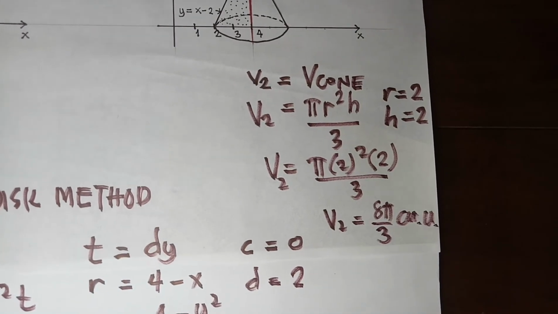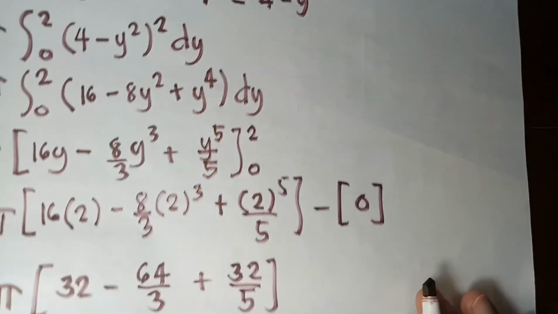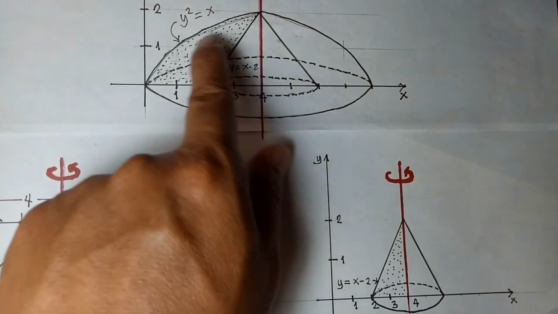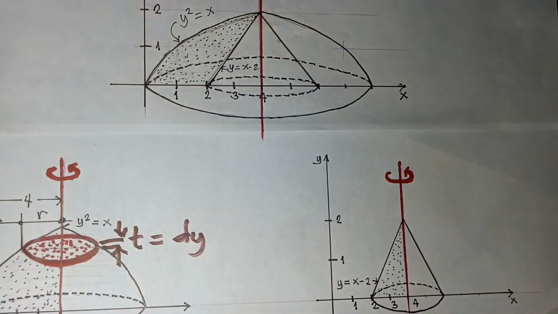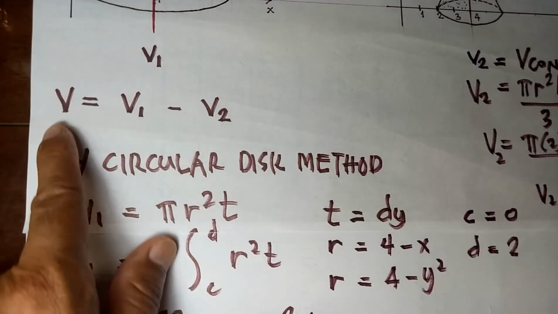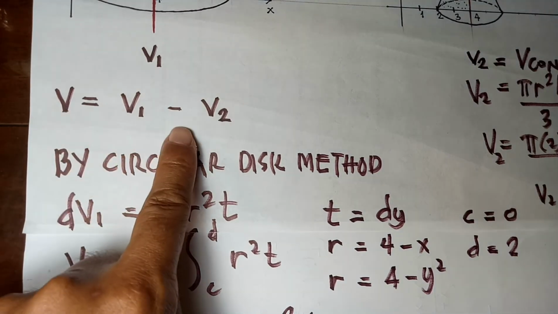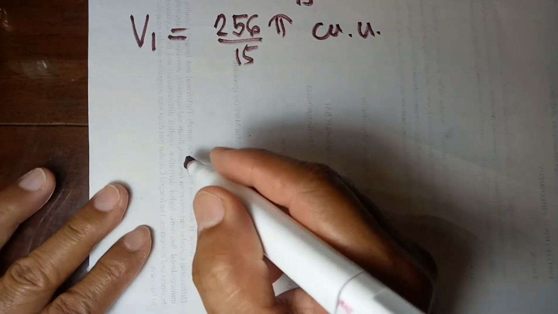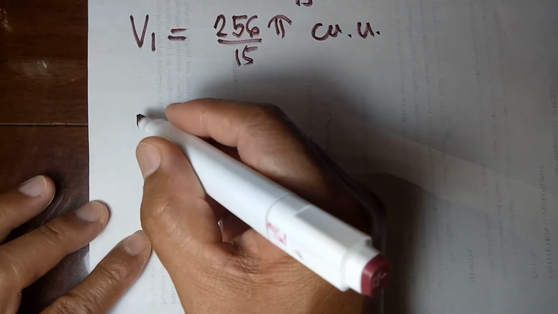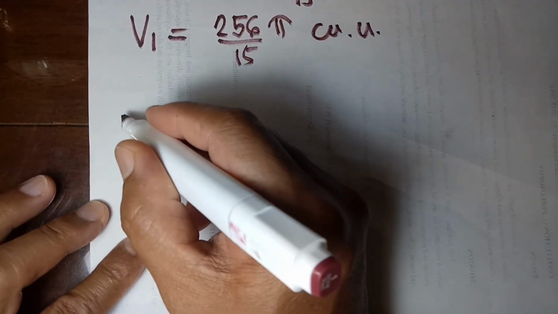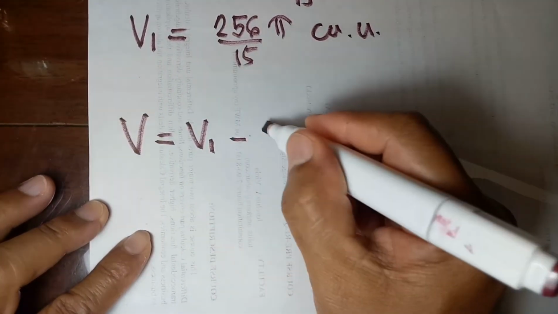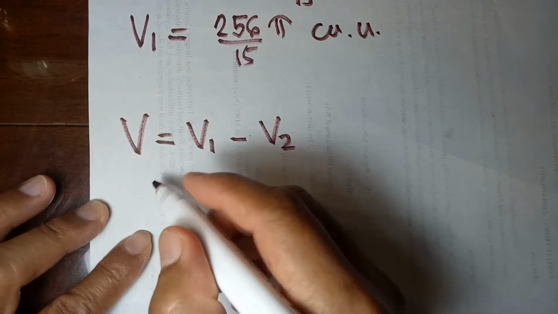Okay. So, let us now solve the total volume. The volume of the solid generated. Ano? Itong volume nito. Solve na natin siya. So, ang formula, volume equals volume 1 minus volume 2. So, the volume of the whole solid now generated by the plane area, no, equals volume 1 minus volume 2.